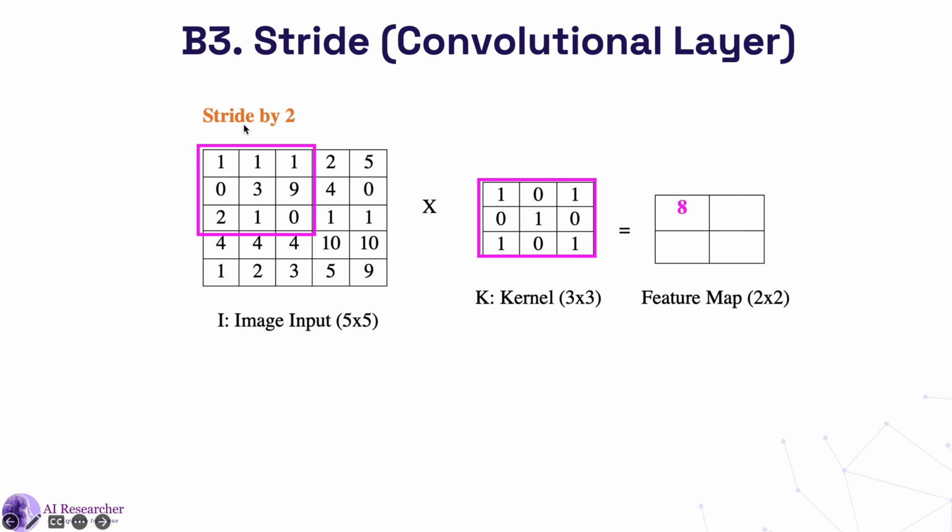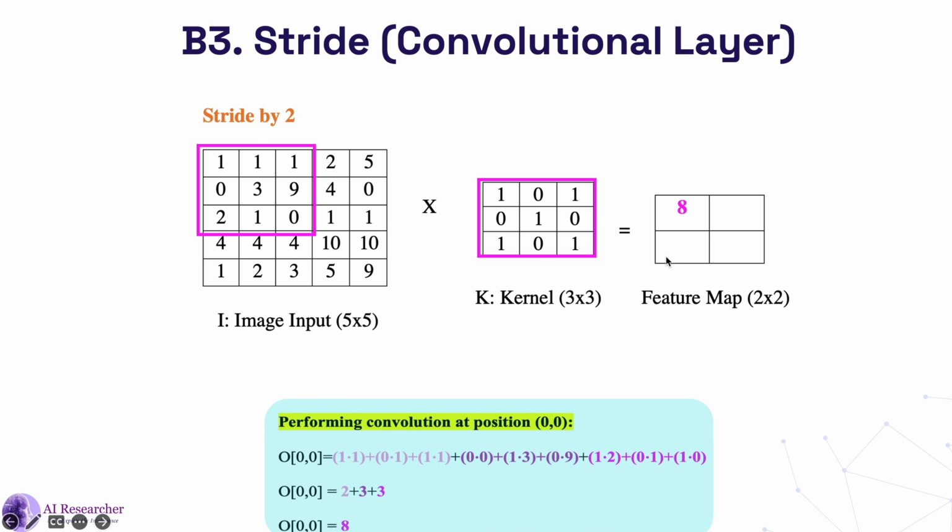As we define stride equal to 2, the feature map size gets reduced to 2x2. The convolution at the top left corner of the image calculates the value by multiplying corresponding elements of the kernel and the image section, which is highlighted here, and then summing these elements to produce the final feature value, which is 8.